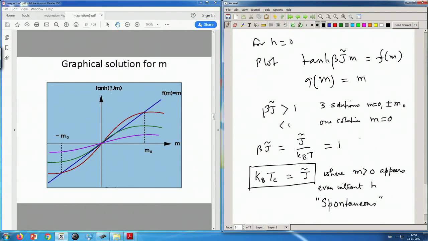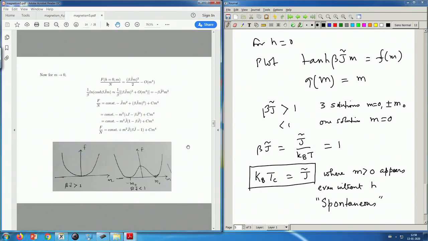At T_c it continuously goes to 0, and then it remains 0 for any temperature greater than T_c. So, that is the mean field solution. One can do more than that, which is what I will do in the next view graph, and we will come to it in the following discussion.